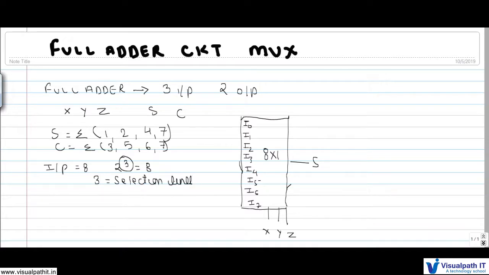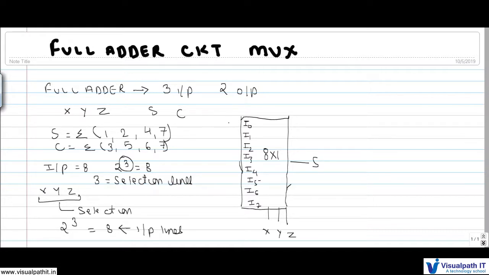These 3 will be the selection lines, because for a full adder we know that we have 3 inputs. So these 3 go into the selection lines, and 2 to the power 3 produces 8 input lines, right?